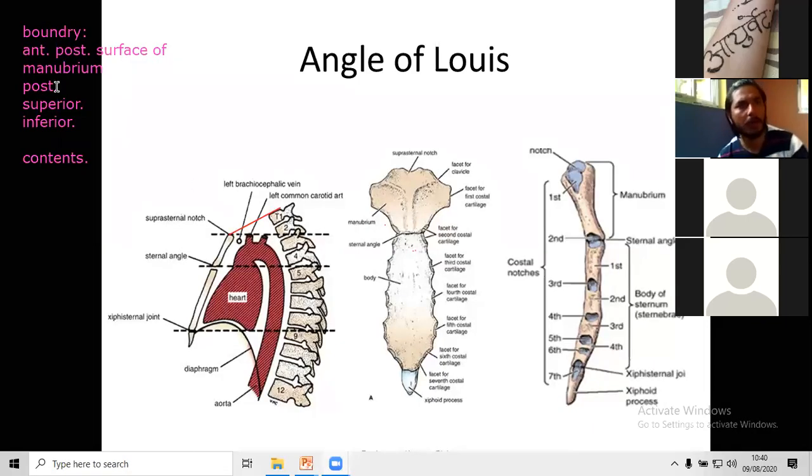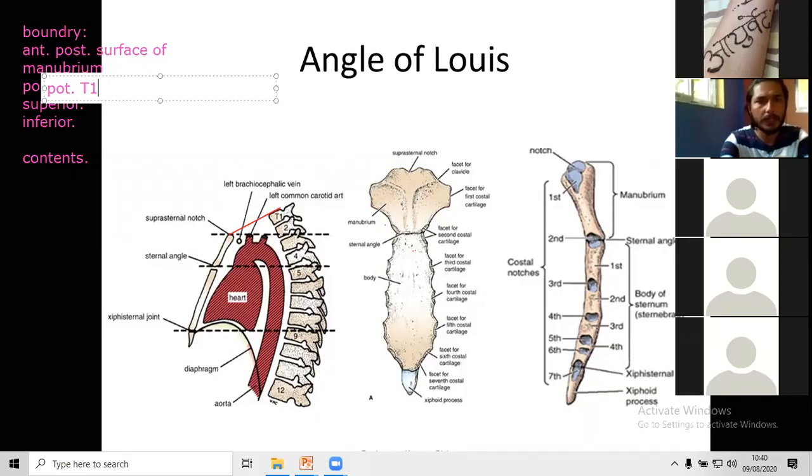So the posterior boundary is formed by the bodies of T1 to T4, that is the first, second, third, and fourth thoracic vertebrae, and the adjoining intervertebral discs.